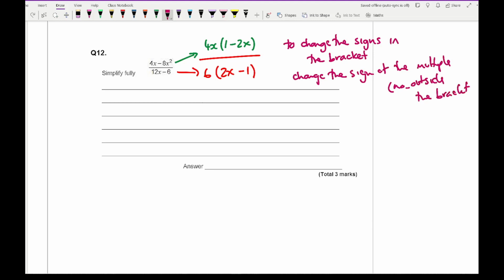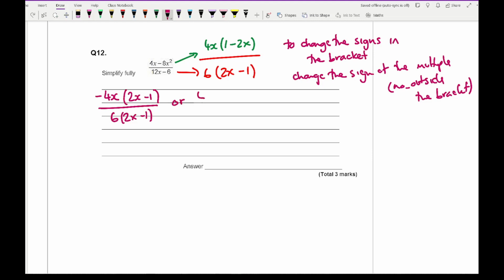So either we're going to have minus 4x, and then I flip the numbers in that first bracket over, but I keep the bottom one the same. Now, by doing this, if I expand the top, I'm still going to end up with minus 8x squared minus positive 4x. So I'm not actually changing anything. This is what we mean by algebraic manipulation. Or what I can do is change the sign of the 6 and flip the terms in that bottom bracket.